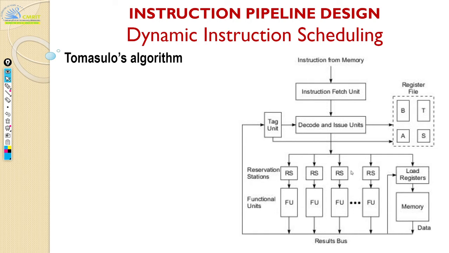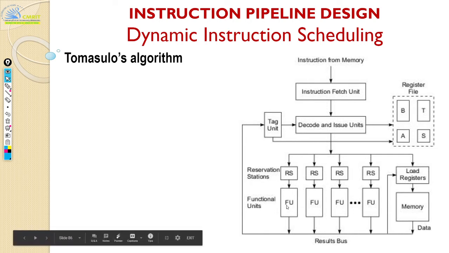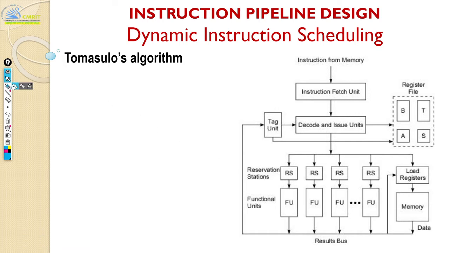The idea is you treat every functional unit separately, and these are a bunch of functional units. Think of this as the set of all adders: adder 1, adder 2, adder 3, and so on. These will be the set of multipliers: multiplier 1, multiplier 2, multiplier 3, and so on, right?